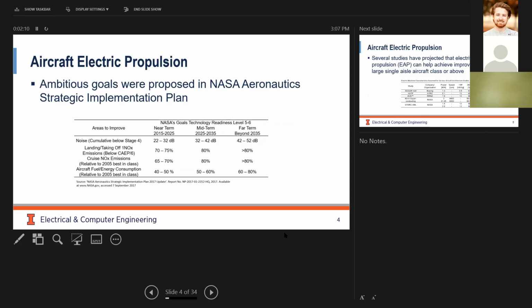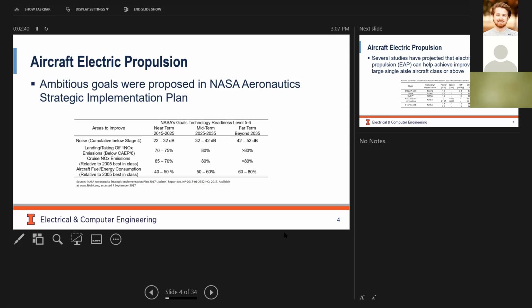So first, an introduction. This application is based on aircraft electric propulsion applications. NASA set ambitious goals to achieve very substantial noise reduction, emissions reduction, as well as fuel energy consumption reduction.